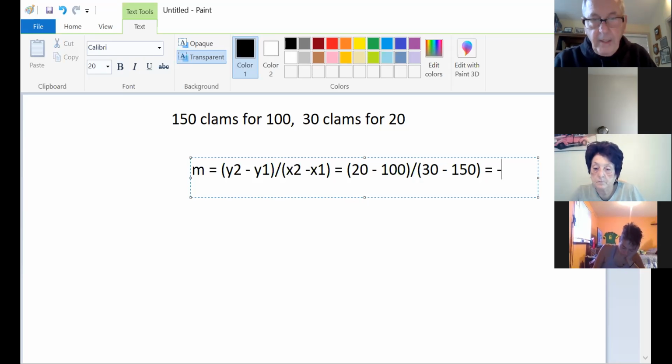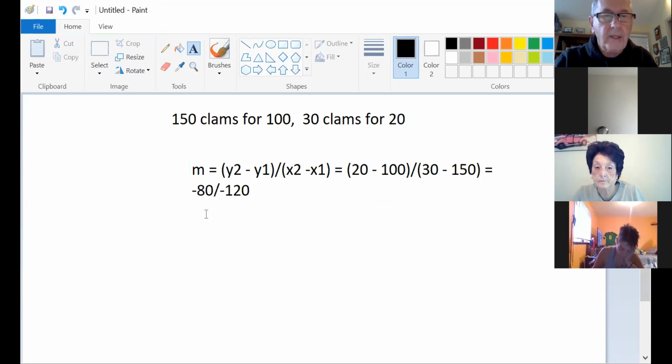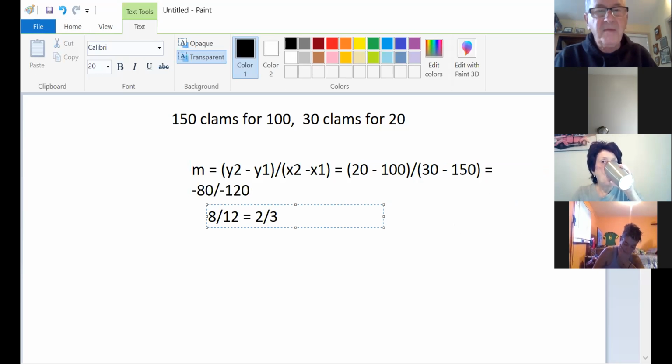So we've got negative 80 divided by negative 120, right? So this is the same thing as 8 over 12, which is equal to 2 over 3.